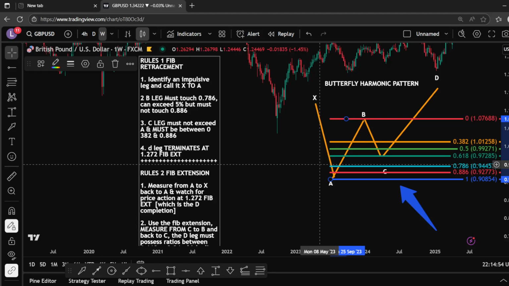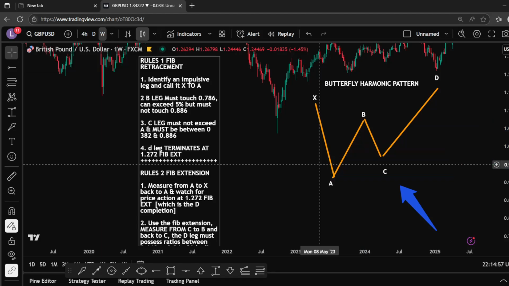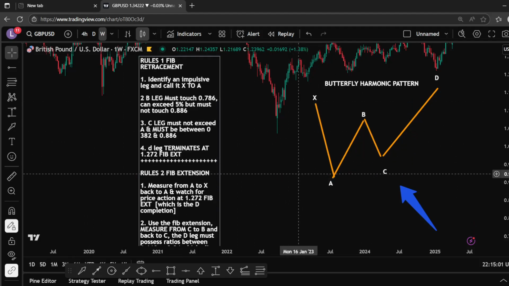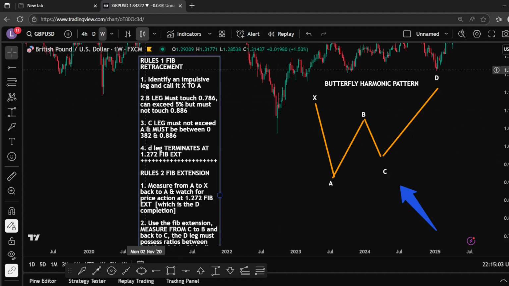So we don't need the FIB retracement anymore. For the D leg, what we need to do is take the FIB extension.